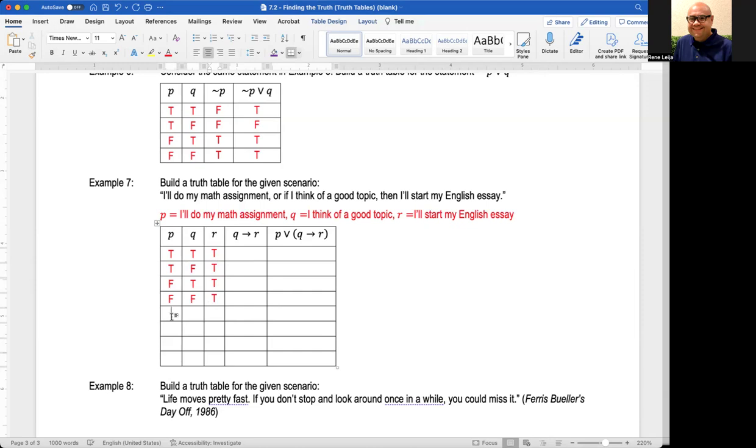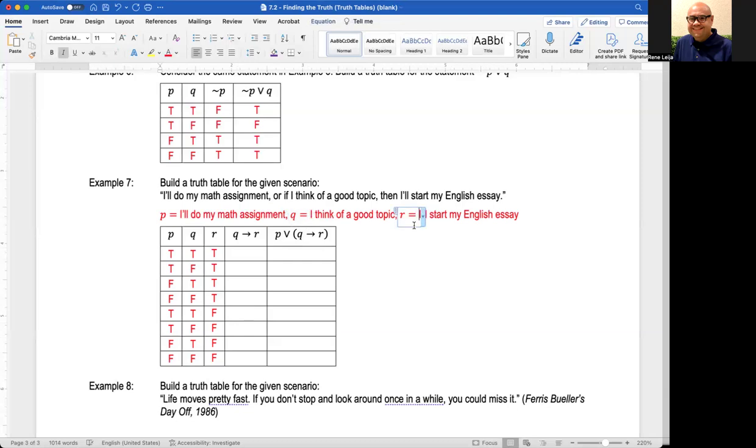Okay, now the same thing has to happen again, except this time R will be false. Now, if I had a fourth variable to put in here, then I would have to use another letter.